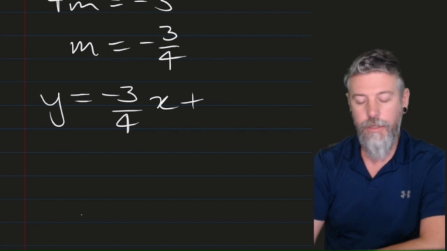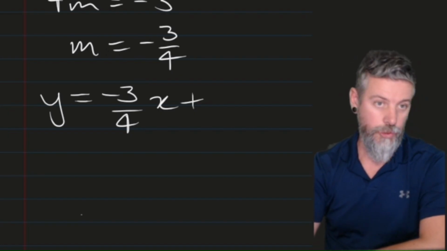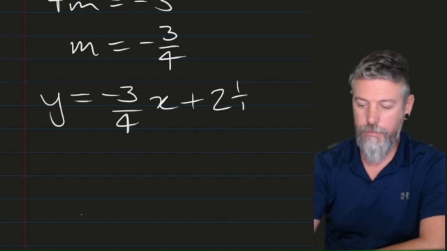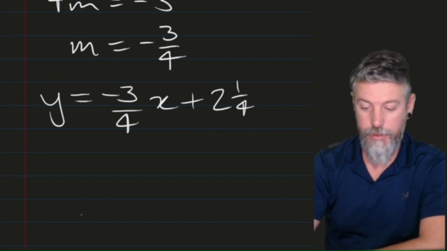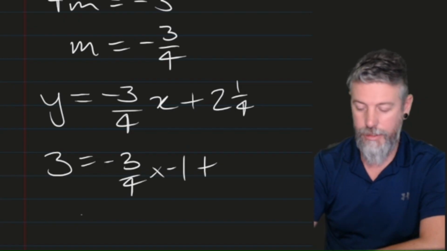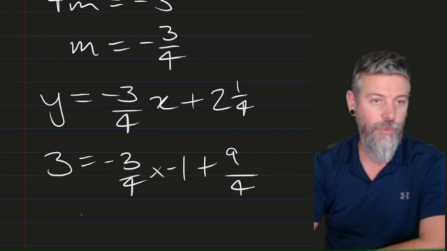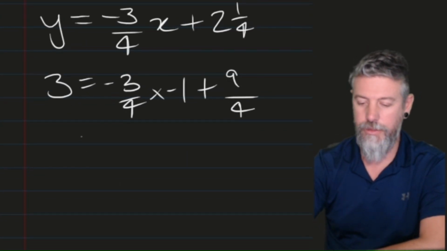So if it was at -1, 3, it's going to be at 0, 2 1/4. And now we can go and put our x values and y values in and see if it works. Does 3 equal -3/4 times -1 plus, I'm just going to write this as an improper, 9/4. I find working with improper fractions much easier, particularly in linear functions.